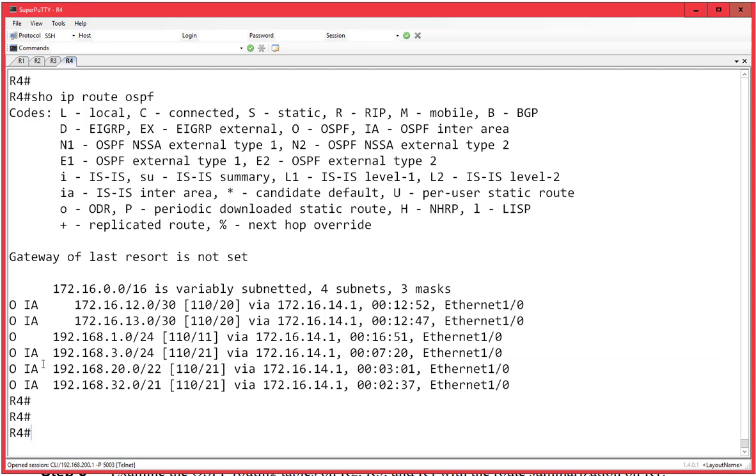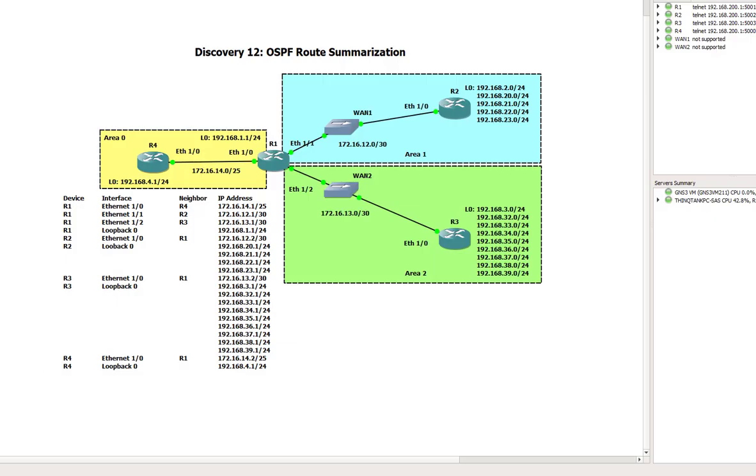On the ABR, the metric was 11, plus we have the cost of the link to get from the ABR to router 4. That's this path right here. That's going to give me a cost of 10, so that's 21 total. The reason I separated that loopback is because I want to prove to you guys the concept of lowest metric becoming the seed metric for the summary.